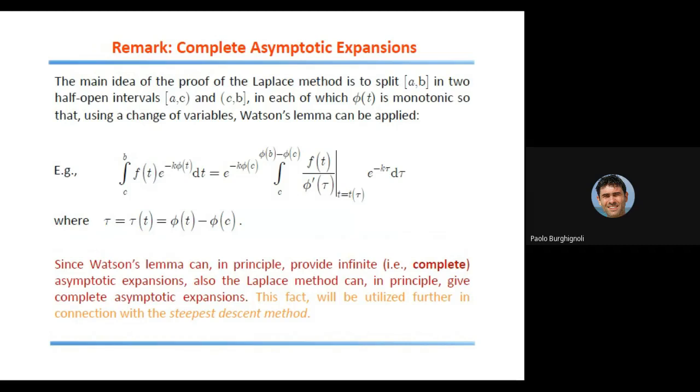Now, let me see. Now I will do a short break, and then we will start over with Fourier integrals in the second half, okay?